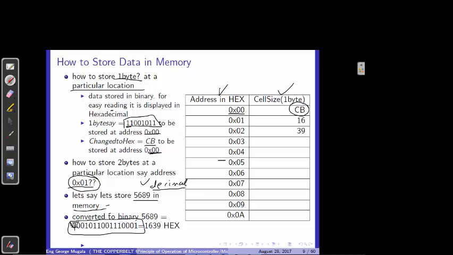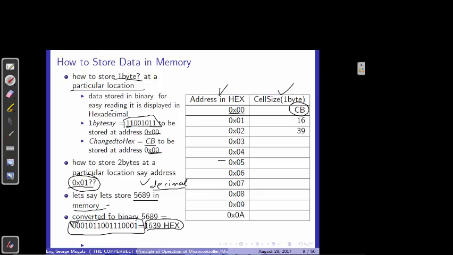You can see 1, 2, 3, 4, 5, 6, 7, 8, 9, 10, 11, 12, 13, 14, 15, 16. It's 2 bytes and we have to store it at one location, but the cell size is 1 byte.